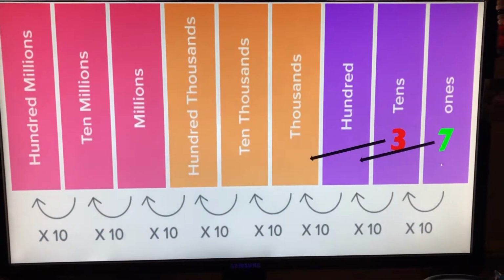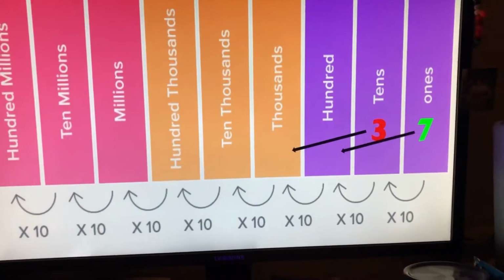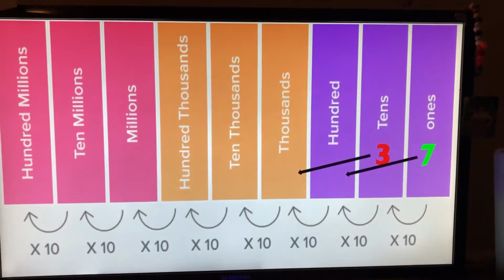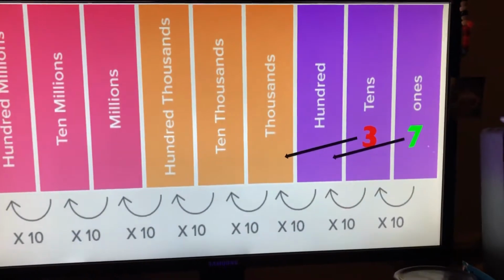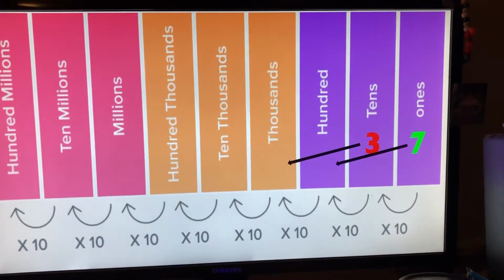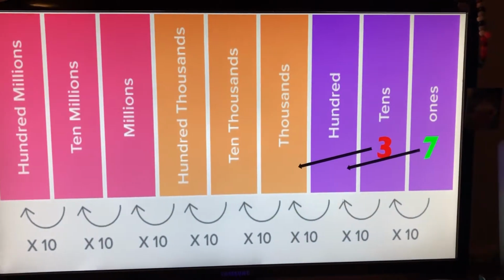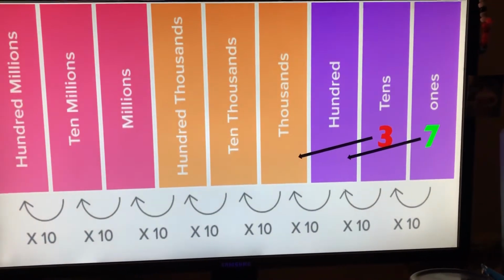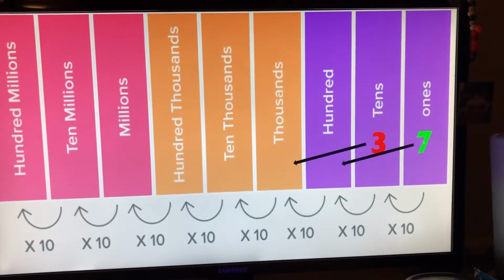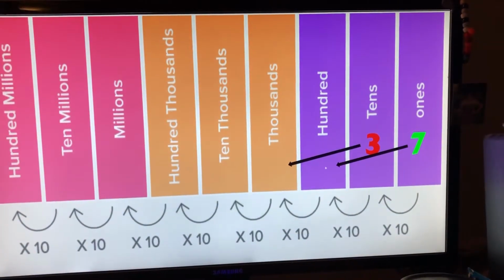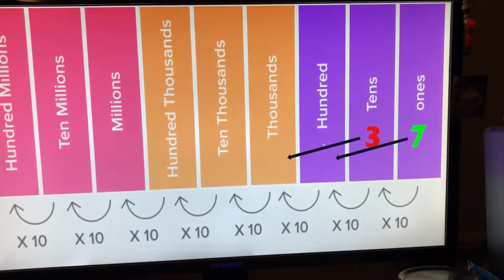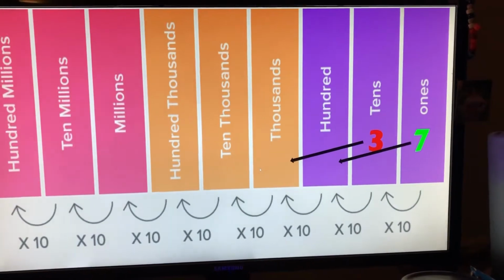Now what if we had 37 marbles, but instead of 10 students this time, we have 100 students? If we're timesing it by 100, we're not just timesing it by 10, we're timesing it by 10 times 10, which is 100. So you have to jump over 2 lines. So that 7 doesn't go in the 1s, it doesn't go in the 10s, it goes clear over to the 100. And the 3 doesn't go in the 100, it goes into the 1,000.